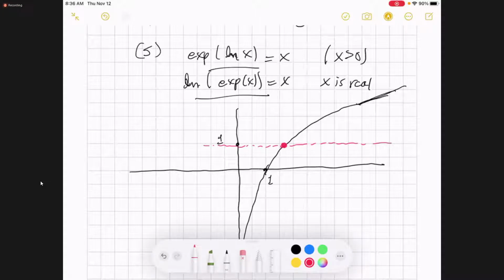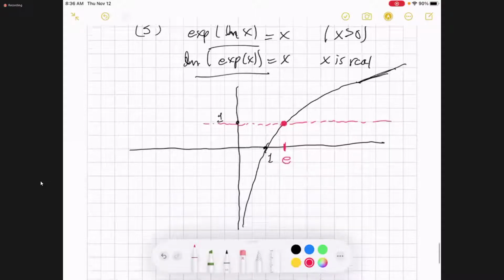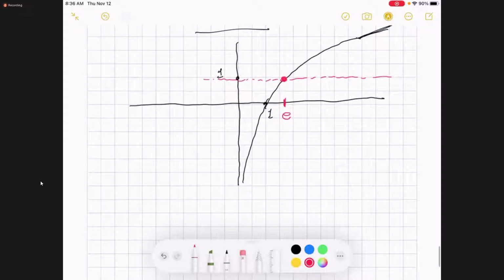Because one is in the range of the log function. And that means that there's some number, and that number is named E.